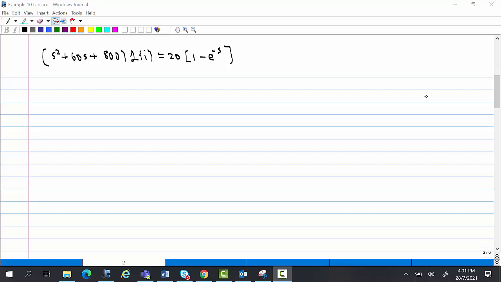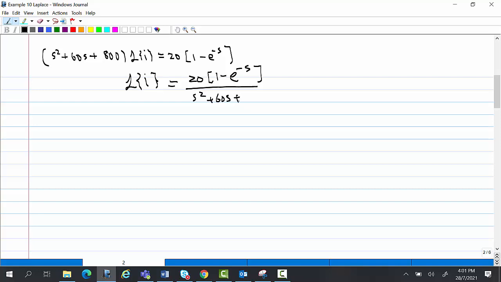Continue from the previous page. So we know that the Laplace transform of i is equal to 20 times (1 minus e power minus s) over s squared plus 60s plus 800.